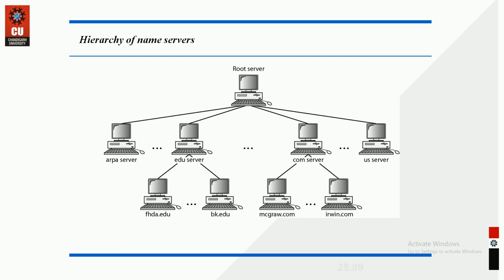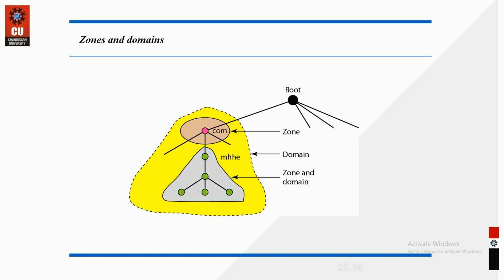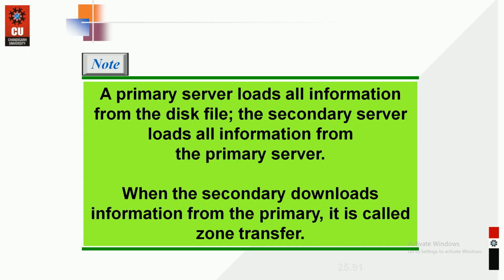Now this is the hierarchy: root, arpa, edu, com, us, .in. There are a number of domains. You can also divide in favor of zones, so first .com is a zone, then its domain, then zone and domain. This is some nomenclature that we are going to use, like for the country, district, and similar levels.